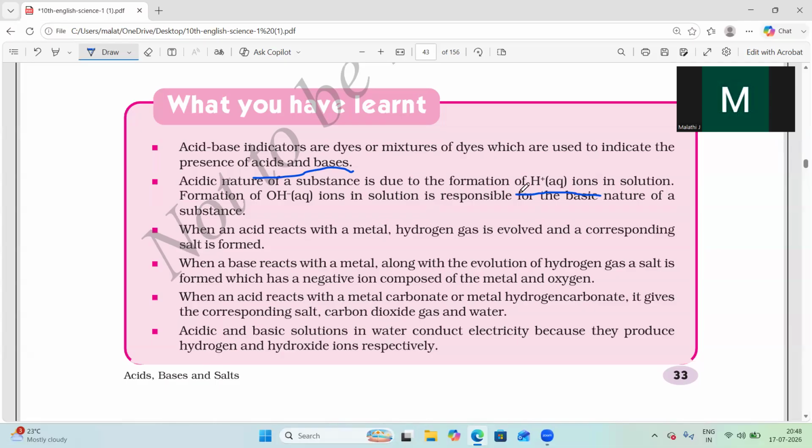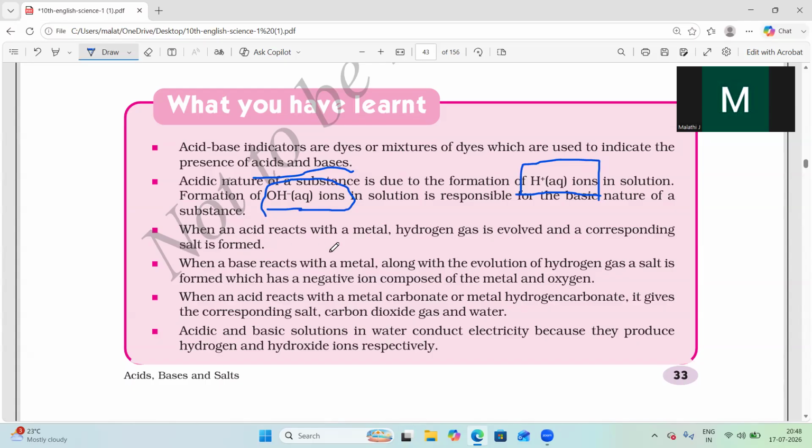We studied concentration and dilution too. Whether a solution is more acidic or less acidic depends on H+ ions, and the formation of OH- ions in a solution is responsible for basic substances. Acidic solutions have H+ ions, basic solutions have OH- ions.